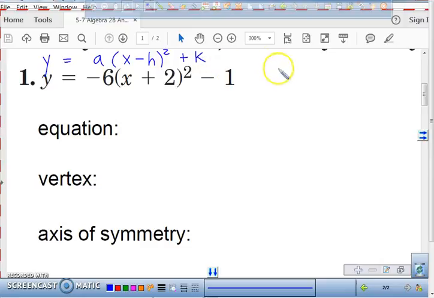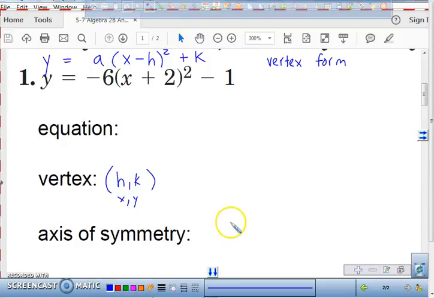This right here is actually already in vertex form. In vertex form, your vertex will always be the values of h and k. This represents an x coordinate. This represents a y coordinate of your vertex.